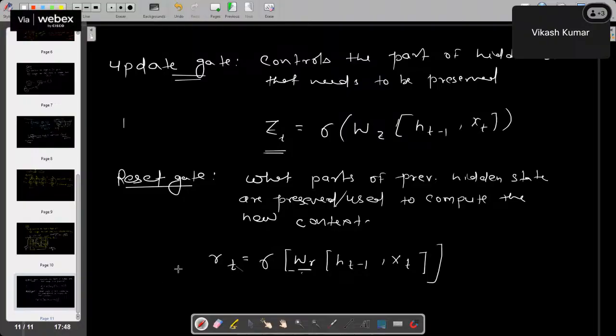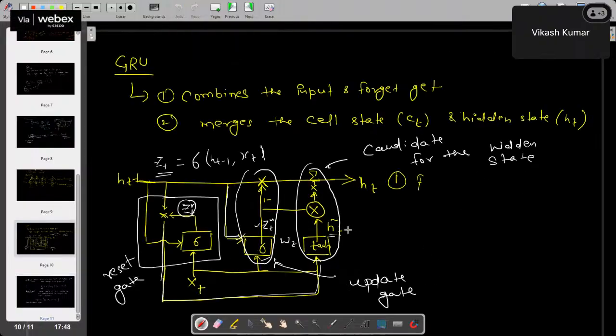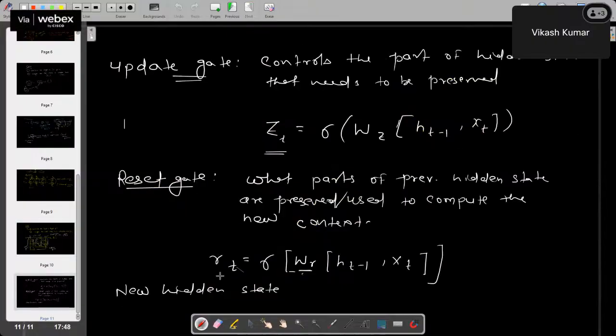Similarly, what about the new hidden state? What is the new hidden state here? This value, the transient value here, we can say is the h tilde.